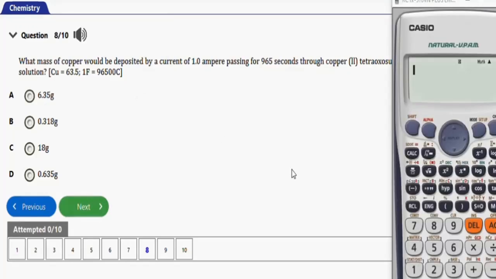So guys, you know that the first law of electrolysis states that the mass of an element discharged during electrolysis is directly proportional to the quantity of electricity passing through it. So we are asked to find the mass of copper.